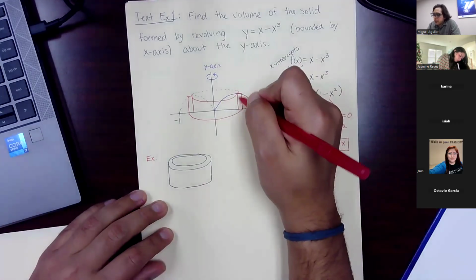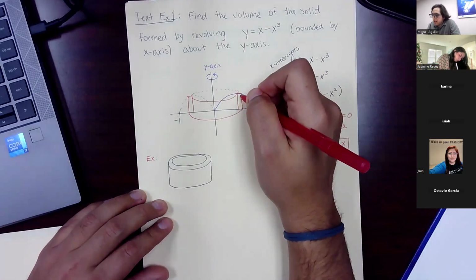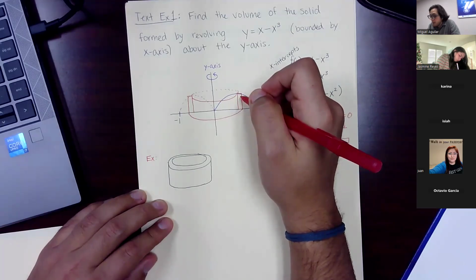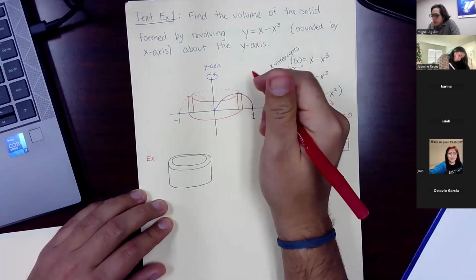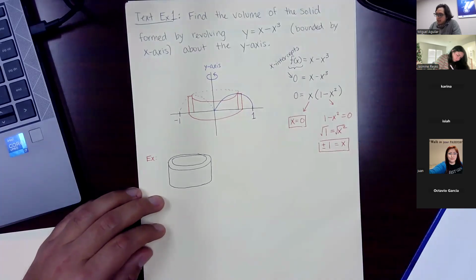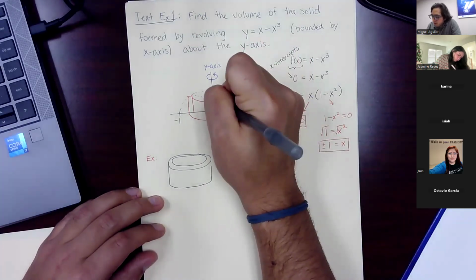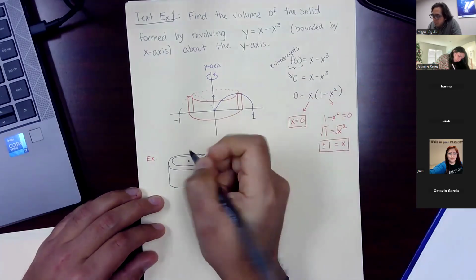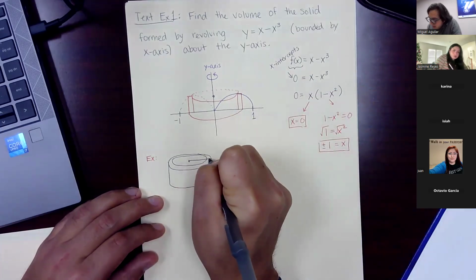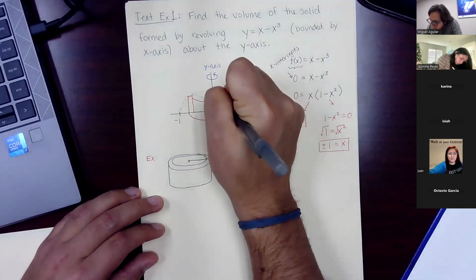The characteristic, or representative, rectangle is helping us understand the different parts of the function, and how we find the volume of the cylinder. So the radius of this is going to extend from the y-axis to the center of our rectangle, like so.